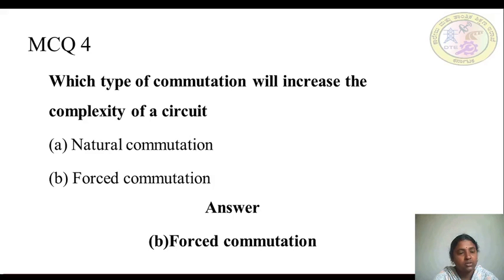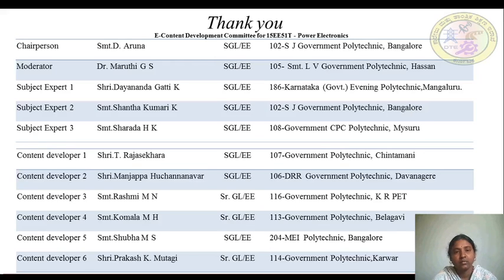And cost wise also, natural commutation is simple and cost is less, and in forced commutation, the complexity is more and the cost of the circuit is also more. Thank you.